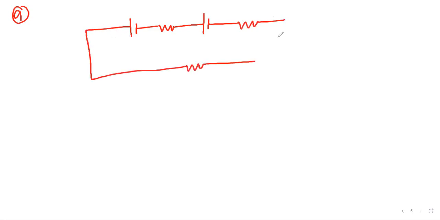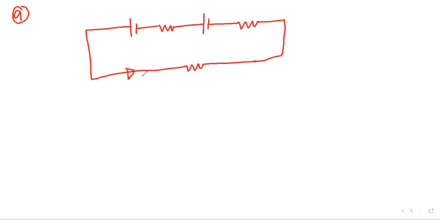So let's see the next one, the ninth one. For the circuit shown in the figure, the current will be found. The circuit is given like this. There is a resistance, and more resistance connected to it.